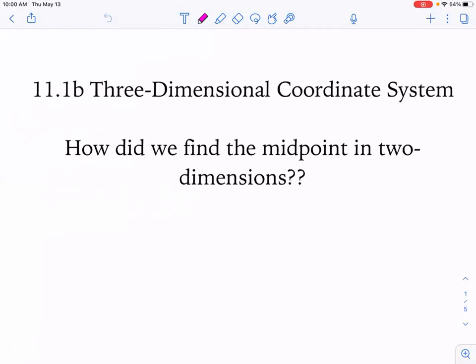Okay. So midpoint. How do we calculate the midpoint if we're in 2 dimensions? Like if I had the coordinate 1, 2 and the coordinate 5, 9, how do we figure out our midpoint? Maybe chat about it with a neighbor for a moment.